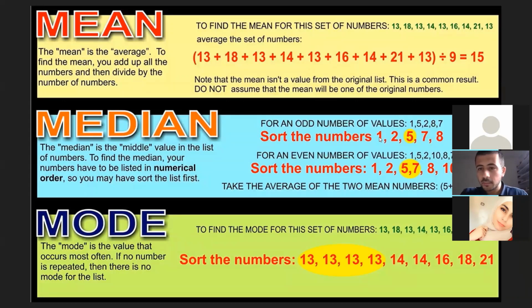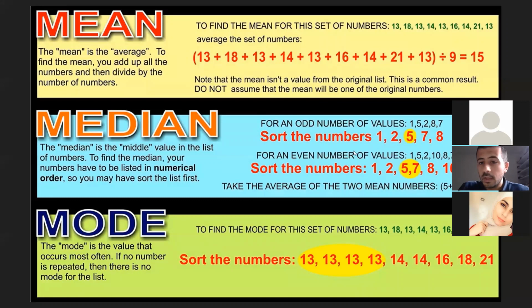If I have this number like 0, or if I have it minus 100, it's similar because the median is still 5. Okay? So if I have two numbers, I'll combine them and divide them by 2, and I'll take the mean of them.